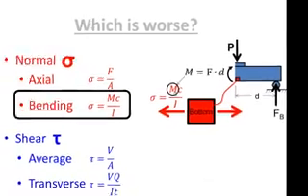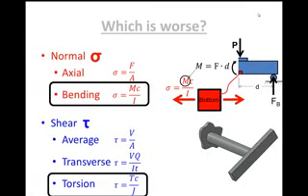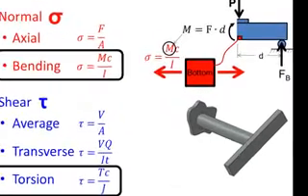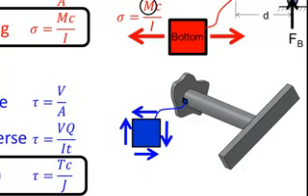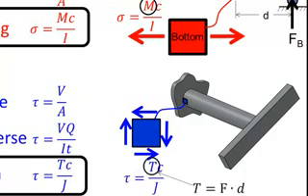If we think about torsion, that is also a leverage-based stress. This element right here would have shear stress caused by the Tc over J, T being a force at a leverage distance. This force at this leverage distance causing the torque.